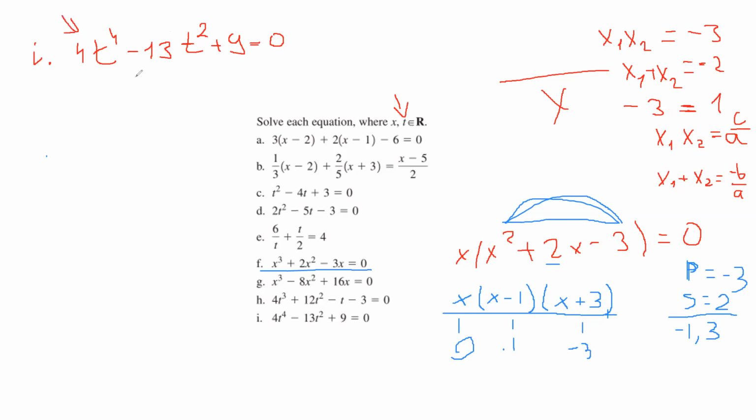Here we also see we have a difference of a second power. We can write it as 2 times t square subtract square root of 13 t, and here times 2t square plus square root 13t.